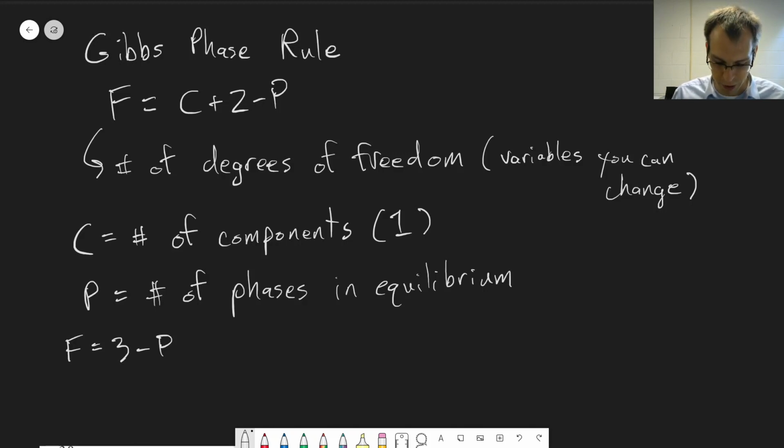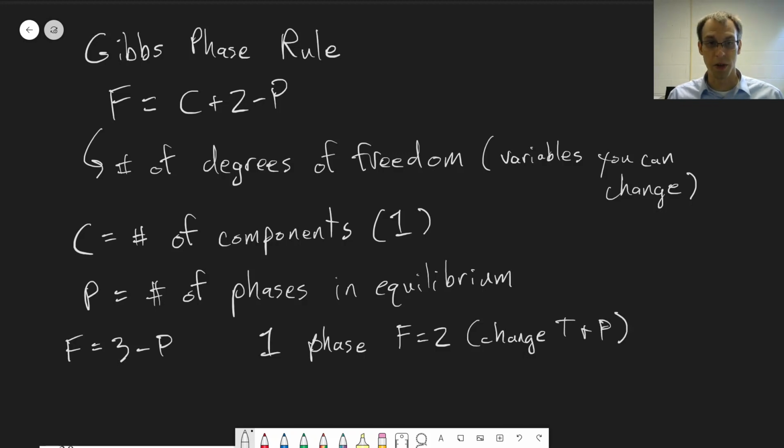So if you have only one phase in equilibrium, if you're just a solid, liquid, or gas without anything else, then F is equal to 2, which means you can change temperature and pressure. And so you get a whole area in which that one phase is stable, and it's not in equilibrium with anything else.